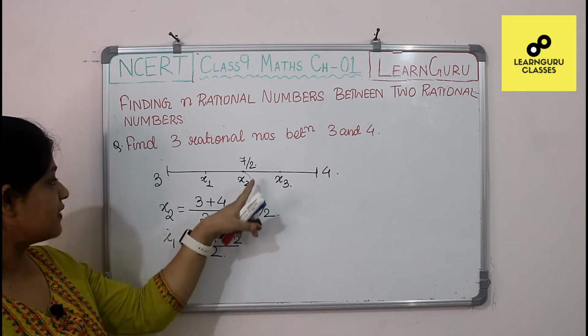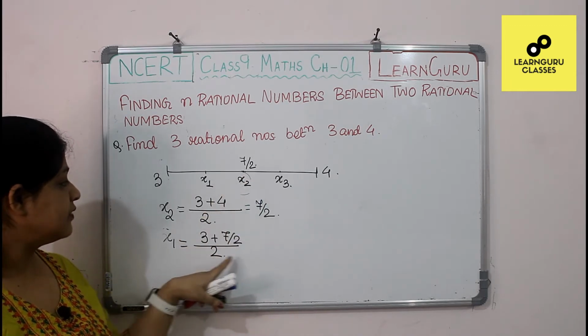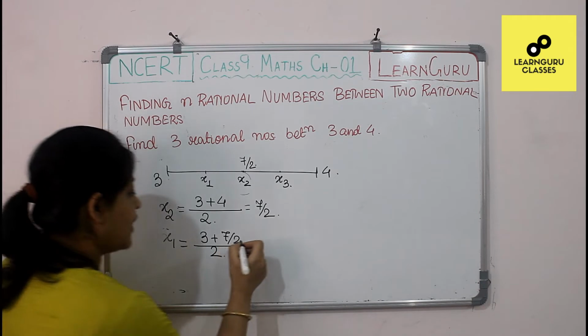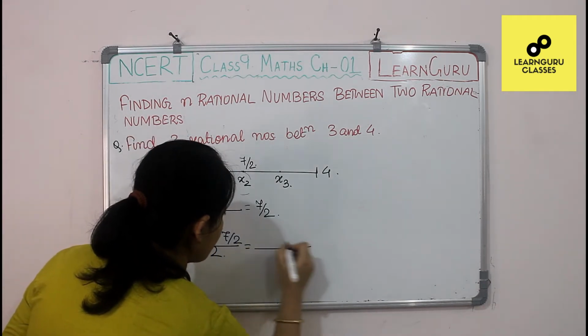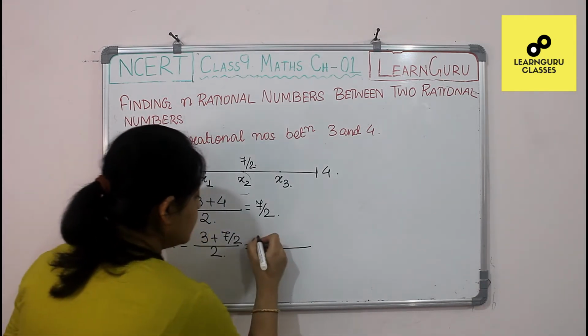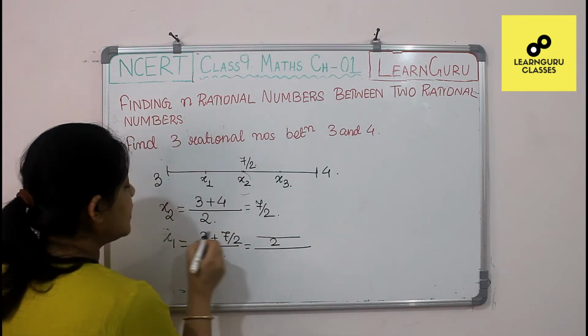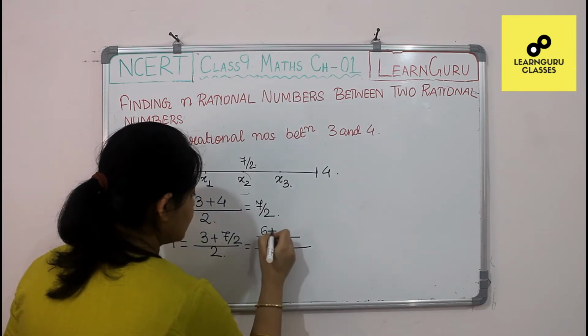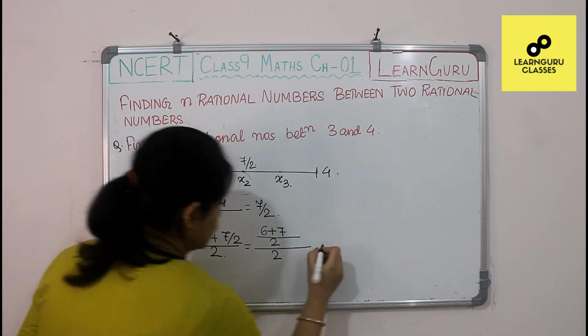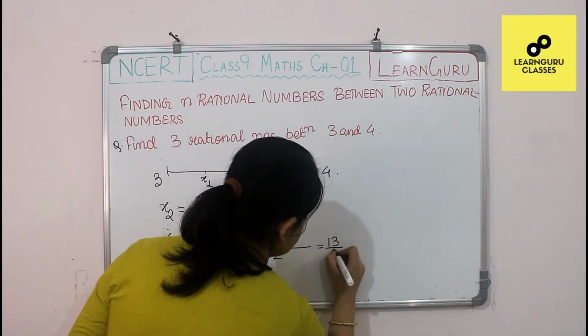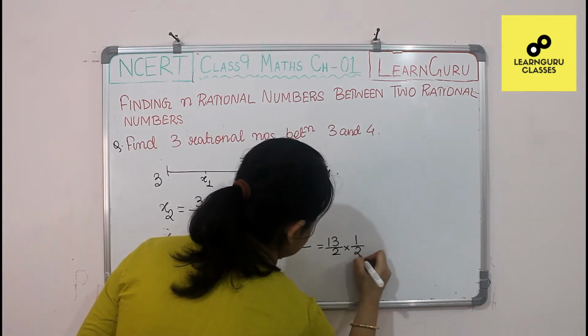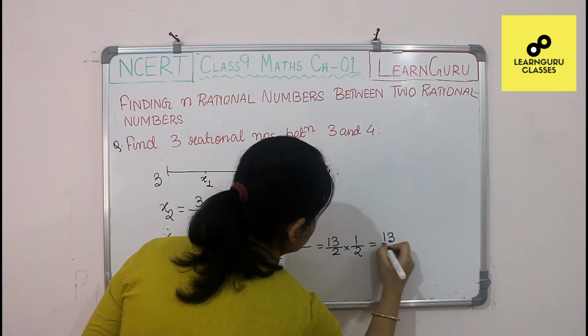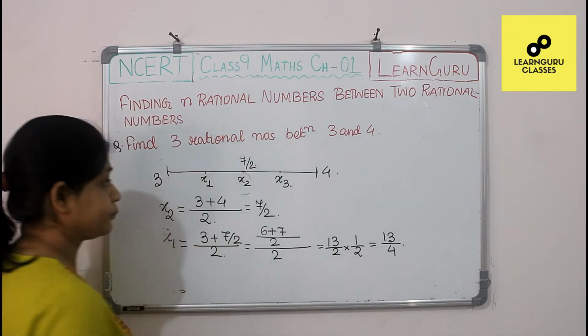So (3 plus x2) is 7 by 2, divided by 2. Let's go for further simplification. LCM is 2. 3 into 2, 6, plus 7 by 2, that is 13 by 2 into 1 by 2. So you are getting 13 by 4.